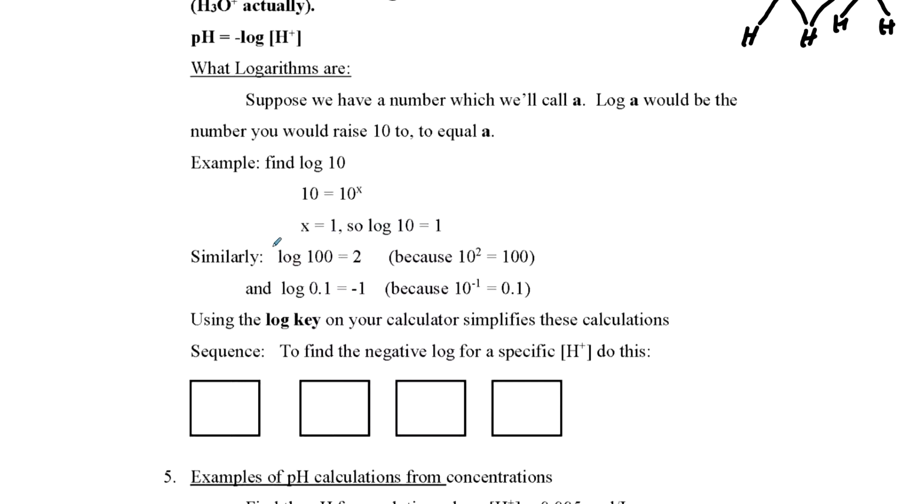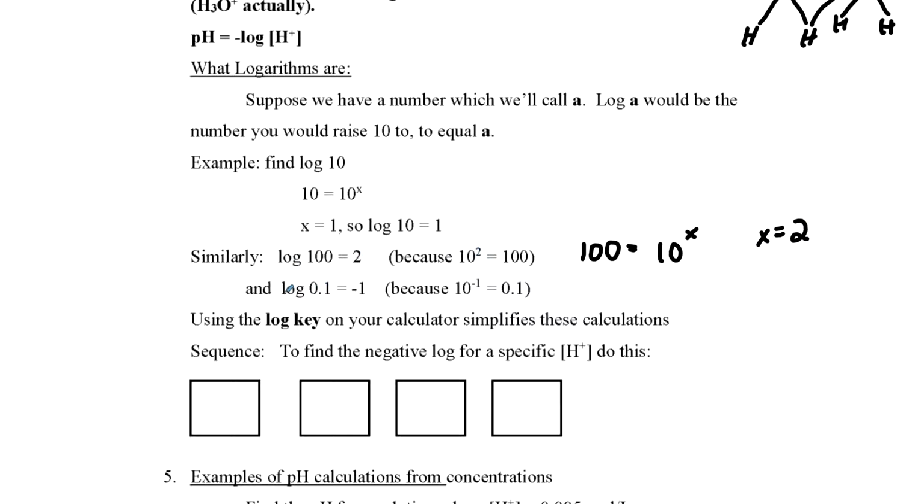Let's try another one just so you can see the pattern here. Log 100 is 2, right? If you look at it like this, 100 is equal to 10 to the x. What does that x have to be to make these two sides equivalent? Well, 10 to the power of 2 equals 100, so x equals 2, so log 100 equals 2.